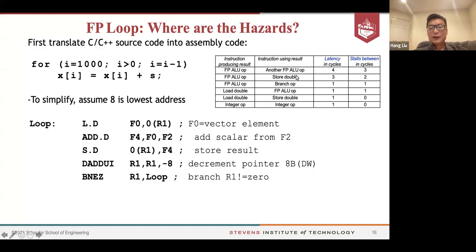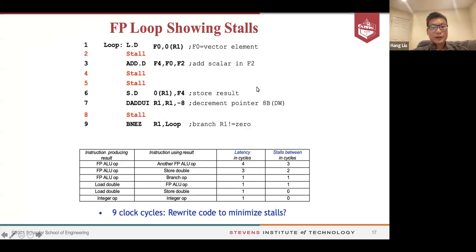And this is a snapshot of the last table we explained. In this example, we have the load producing the result for the add. Let's refer to the latency table here. Load producing a result for an add has 1 stall, so there's 1 stall here.